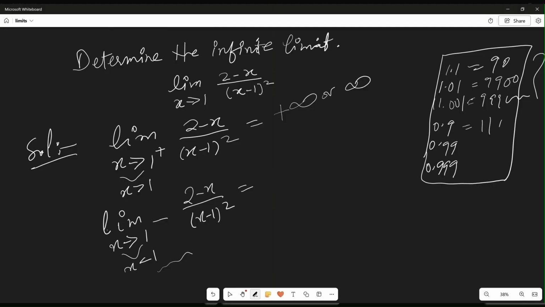This is equal to 110, and getting closer, it's getting bigger and bigger.